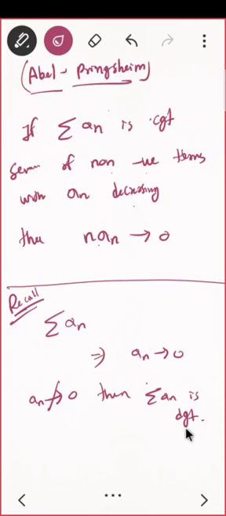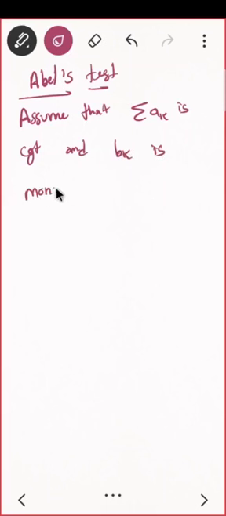And then there is the next one, that is Abel's test. It says assume that summation of ek is convergent and bk is monotone and bounded.